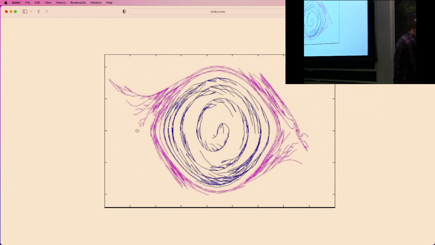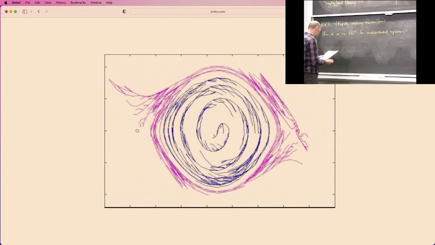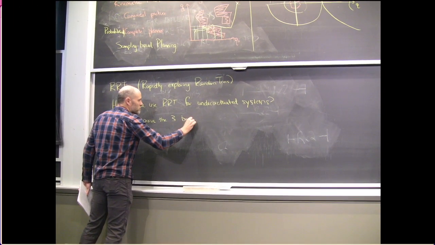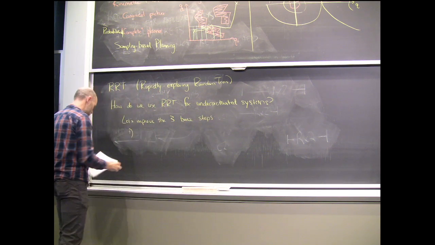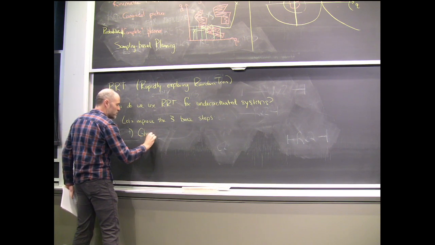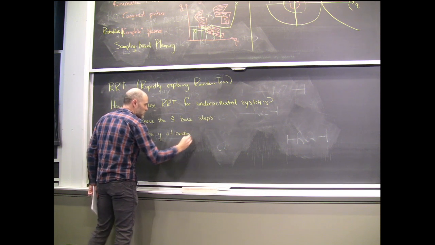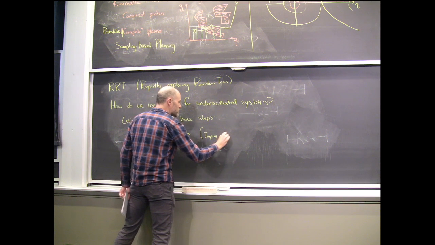Okay, so I think you guys basically forecasted the recipe. Let's think about the 3 basic steps of the algorithm. We're going to choose Q at random, right? And here we're going to try to improve the sampling distributions.